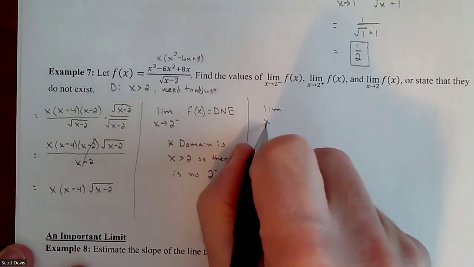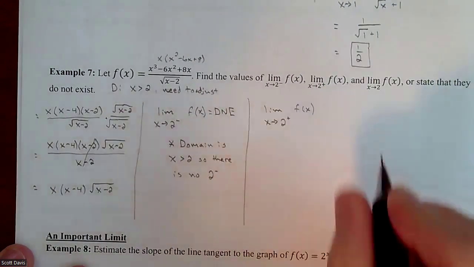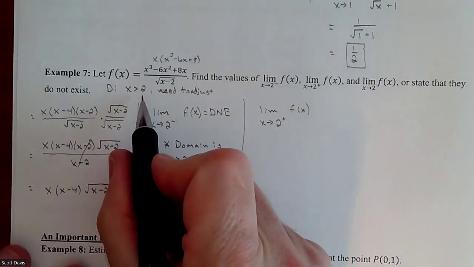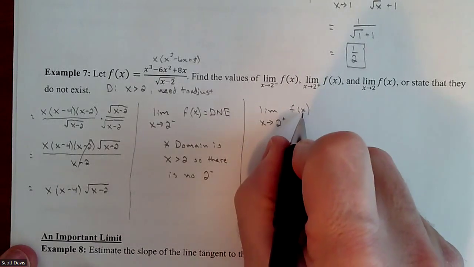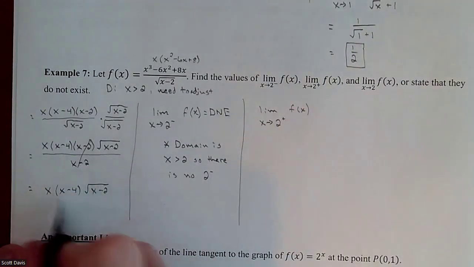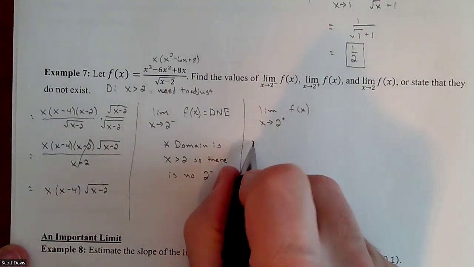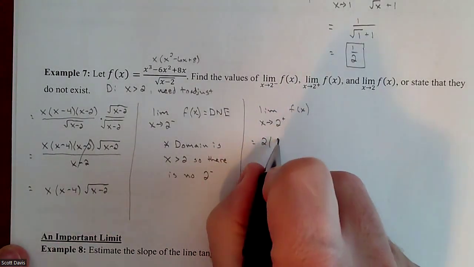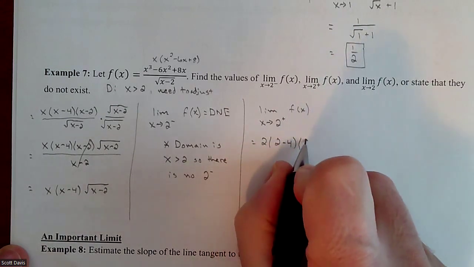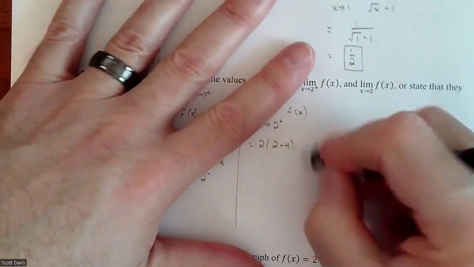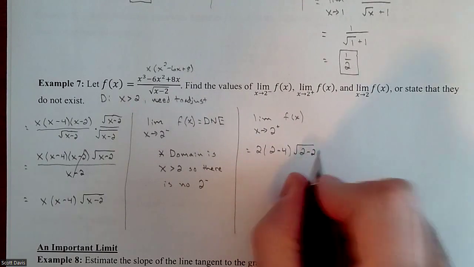The limit as x approaches 2 from the right. Okay, this one's okay. We can do values greater than 2. So let's do the math on this. Our equation is this, right? We've manipulated it into this, and this is absolutely okay for us to plug into. So we'll have 2, 2 minus 4, and then the square root of 2 minus 2.